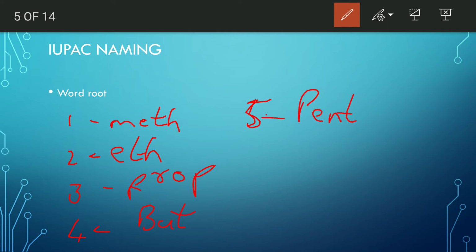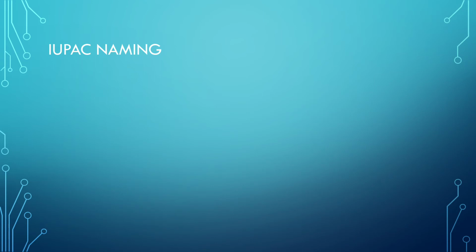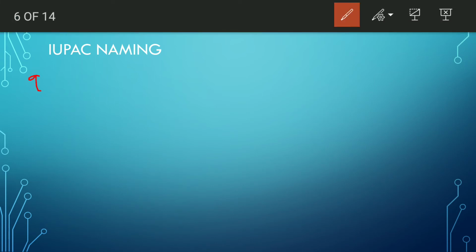And if I have 6 carbons, hex. And 7 carbons, hept. And if I have 8 carbons, I'll name it as oct. And when I will have 9 carbons, I'll name it as non, and 10 carbons as dec.